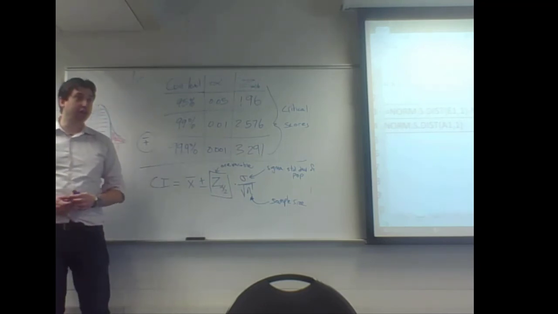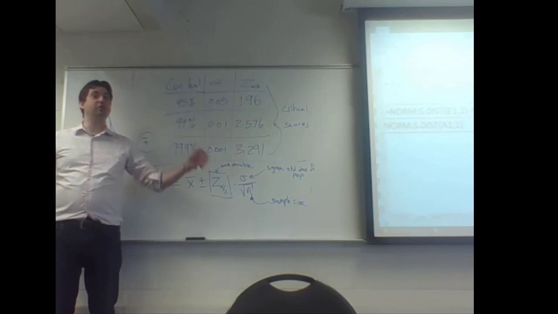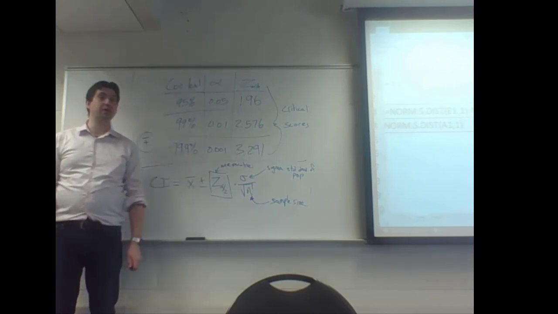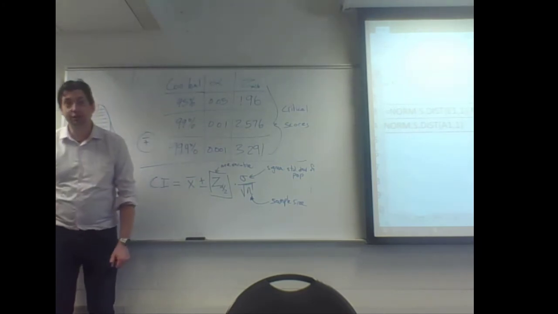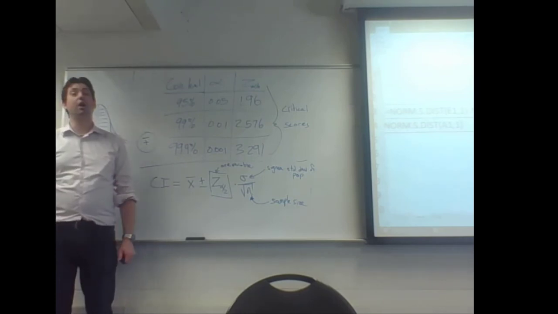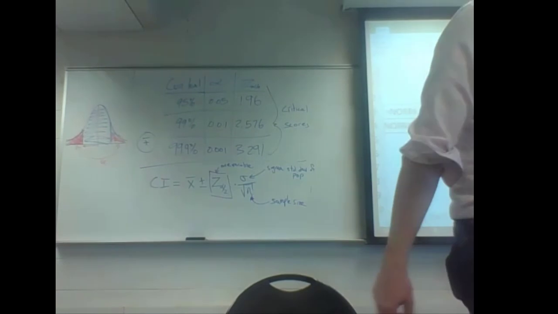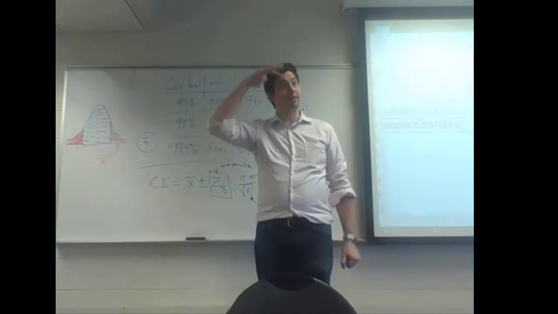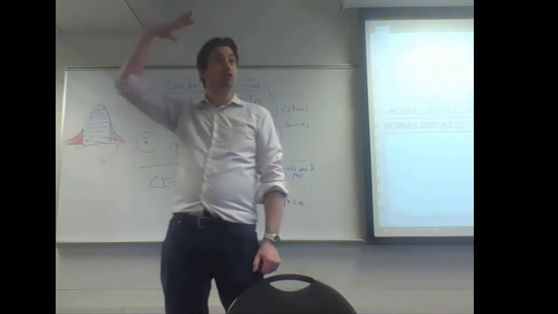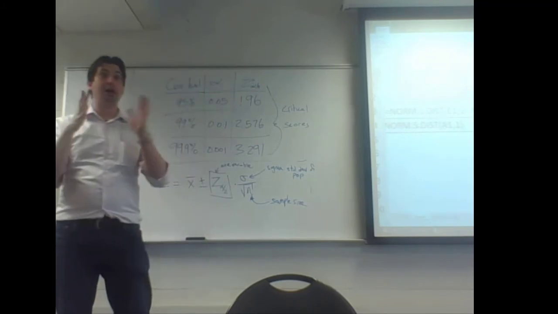So if we were doing hair length, what do you think has a higher standard deviation? The hair length of the population in general, or the hair length of anyone in the military? Population in general has a higher what? Standard deviation. Why do you say that? Because there are haircut regulations, so we can reasonably assume that the standard deviation is a lot lower.